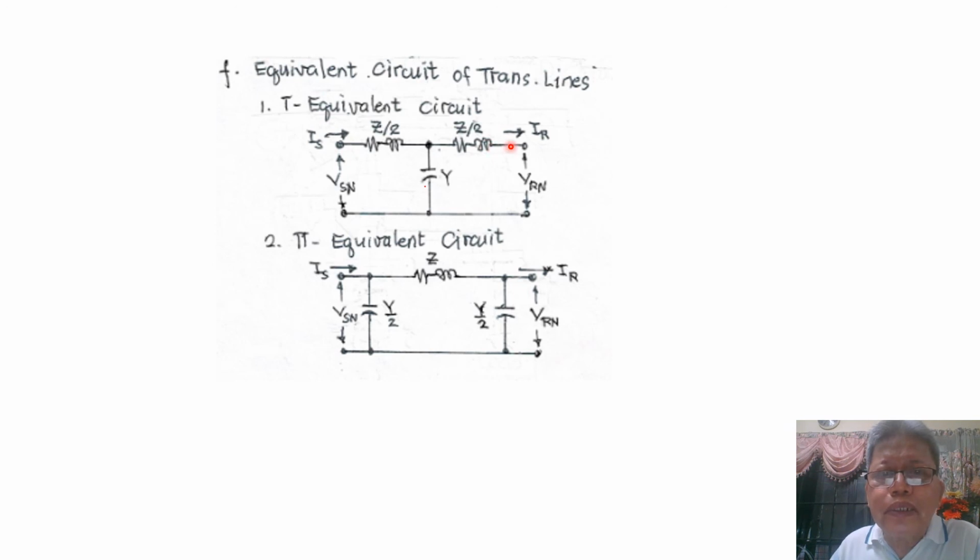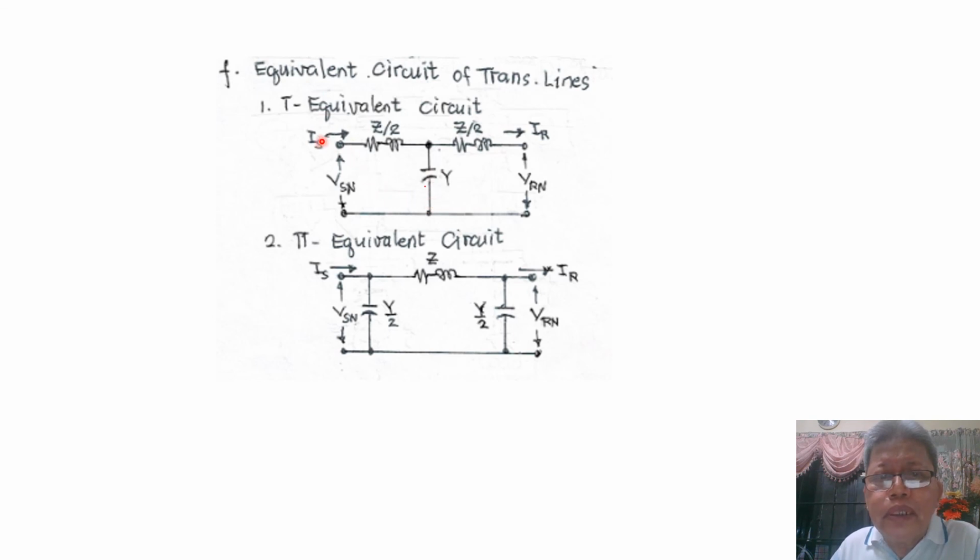equivalent circuit. And since our transmission line also has capacitance, we have here an admittance Y. Even if the capacitance of the line is distributed throughout the length of the transmission line, in this equivalent circuit we lump the admittance together and place it at the middle.